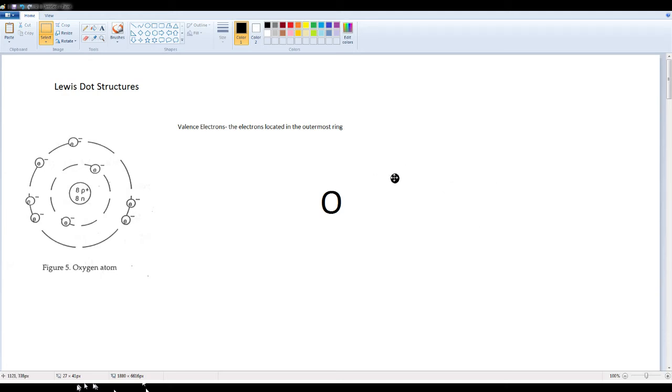The first electron out of our 6 we put here in the upper right-hand corner by the oxygen. That is position 1. The second black dot would go here, position 2.